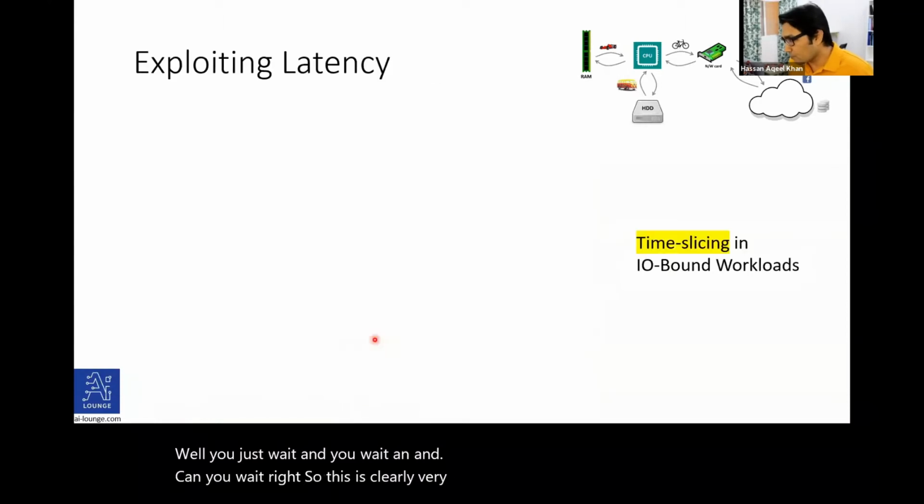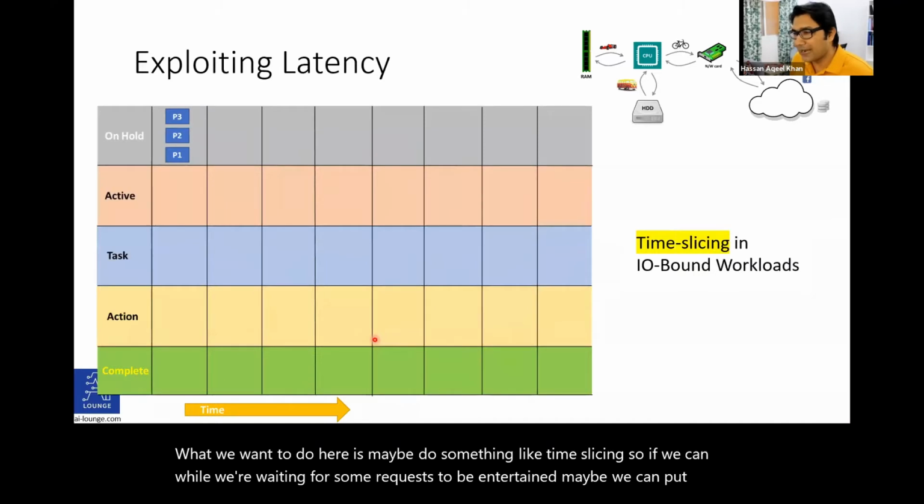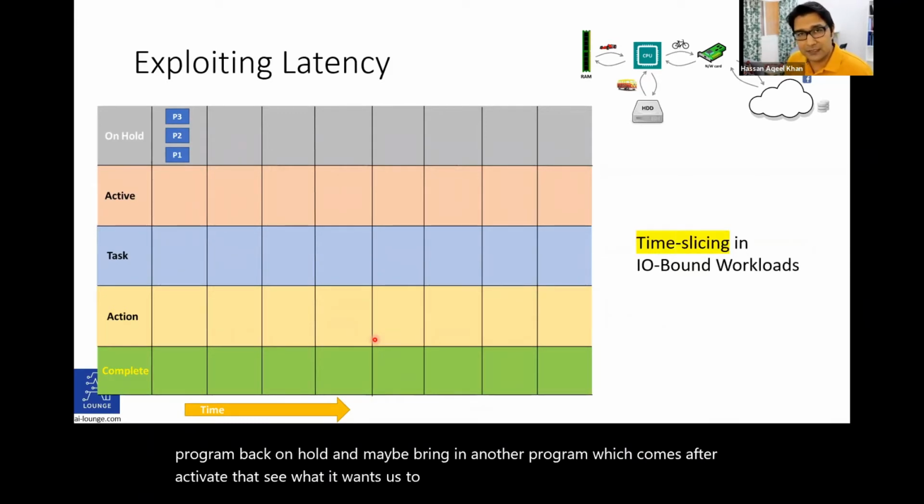Now, what we want to do here is something like time slicing. While we're waiting for some request to be entertained, maybe we can put the program back on hold and bring in another program which comes after, activate that, see what it wants us to do, and submit that request. If that requires waiting, we can wait a little bit more, and then bring the next program in.